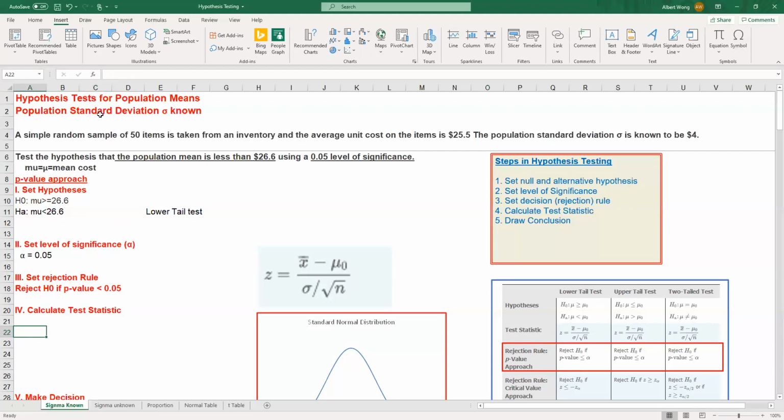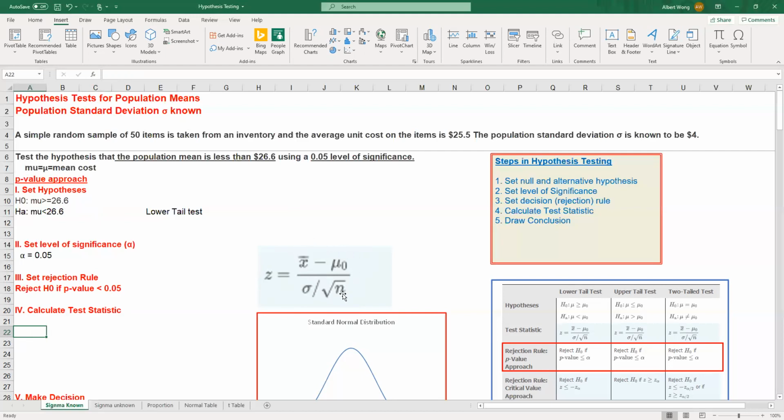For this particular problem, in terms of testing for a population mean when the population standard deviation sigma is known, the formula for the test statistic is this. We compare what we see from the data, x bar, minus what we want to test, mu0. Mu0 is what is in the hypothesis. And then we standardize it by the standard deviation, sigma over square root n, and we use it as the test statistic.